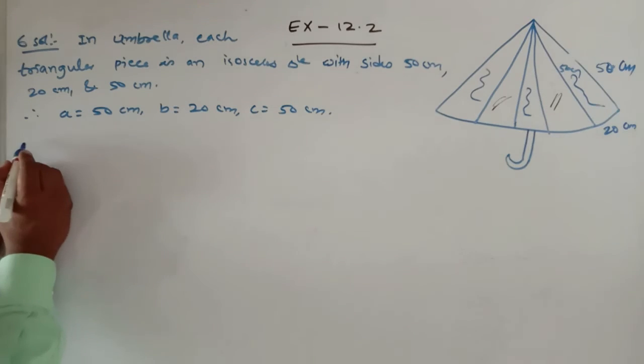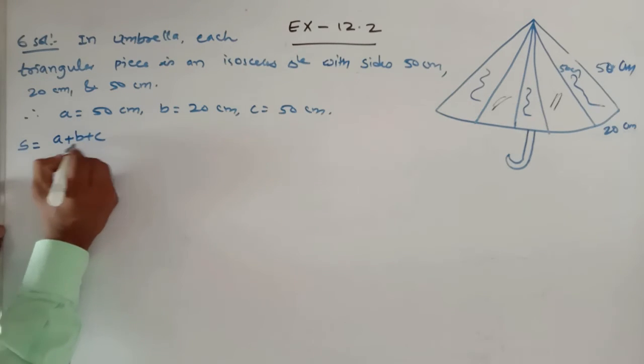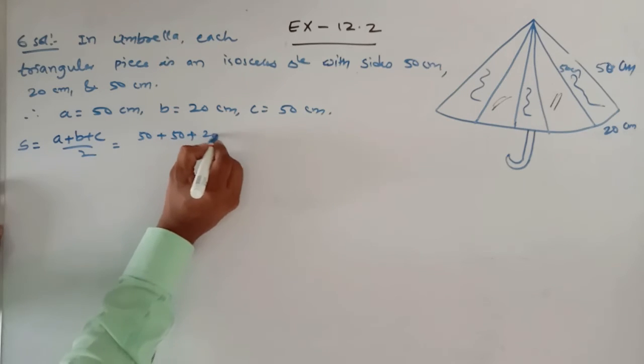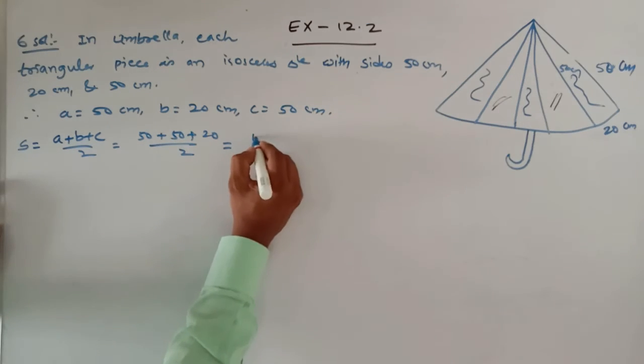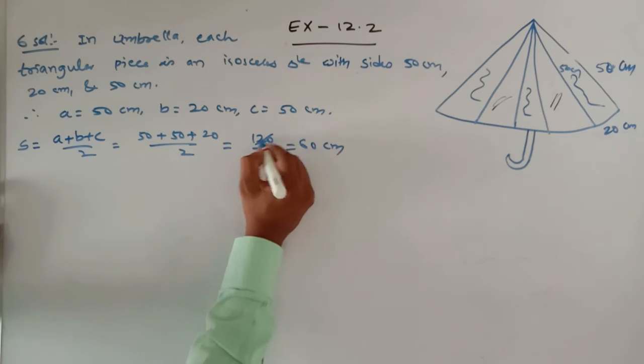50 centimeters. By using Heron's formula, I am going to find the semi-perimeter of the triangle first. s equals (a plus b plus c) by 2, which is (50 plus 50 plus 20) by 2, which is 120 by 2, that is 60 centimeters.